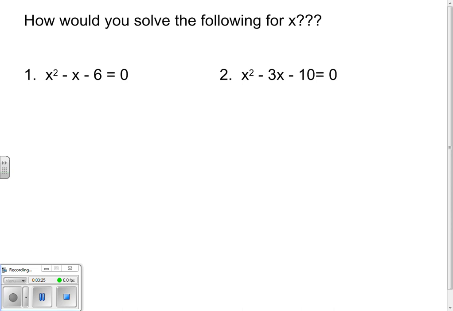Here, they're just going to have them not in factored form. As long as you get your polynomial factored, you should be good to go. I'm going to start by factoring this. 2 numbers that multiply to negative 6 and add to negative 1 would be minus 3 and positive 2. Once it's in factored form, your roots are opposite. So I get a positive 3 and a negative 2.